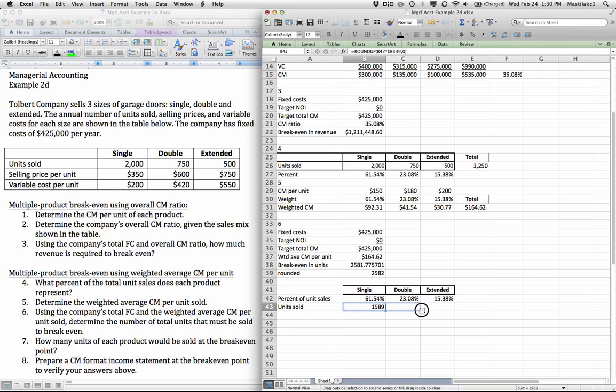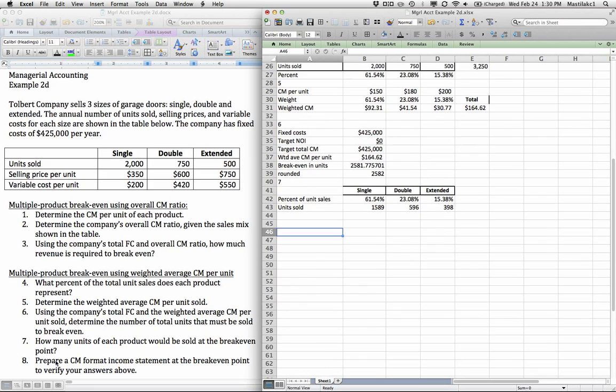So in order to break even exactly, we would have to sell 1,589 singles, 596 doubles, and 398 extendeds. Or, put another way, we'd have to sell 2,582 units total, and given the percentages that we normally see, that would work out to be 1,589 singles, 596 doubles, and 398 extendeds. So that's requirement 7.